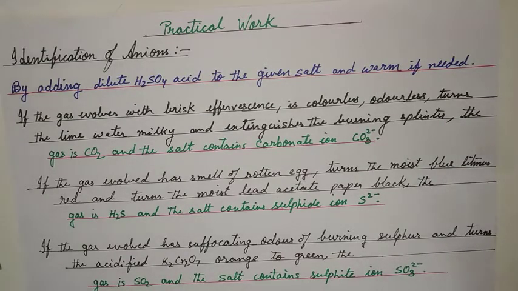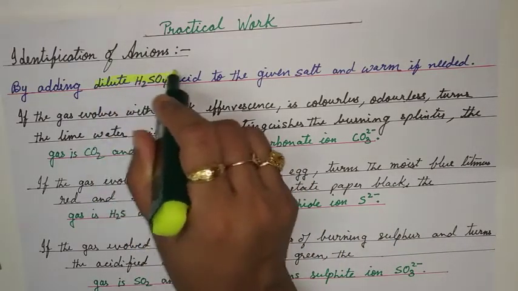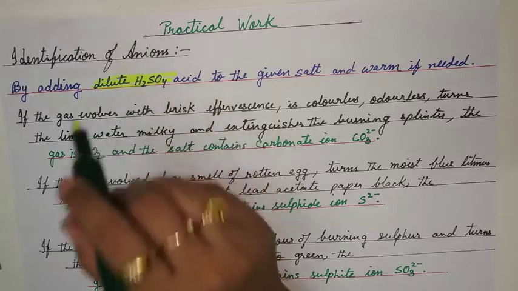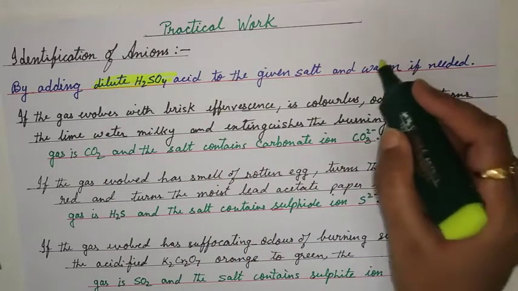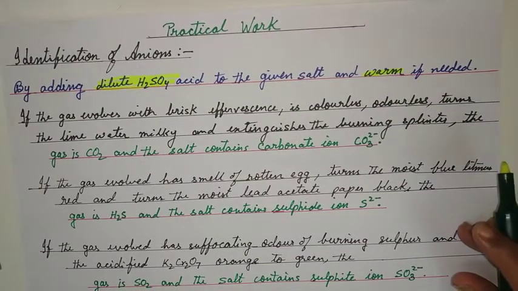Every time we will see that we add dilute sulfuric acid till we get the result, and if we need, we can warm it a little, but with dilute sulfuric acid we normally get the answer.